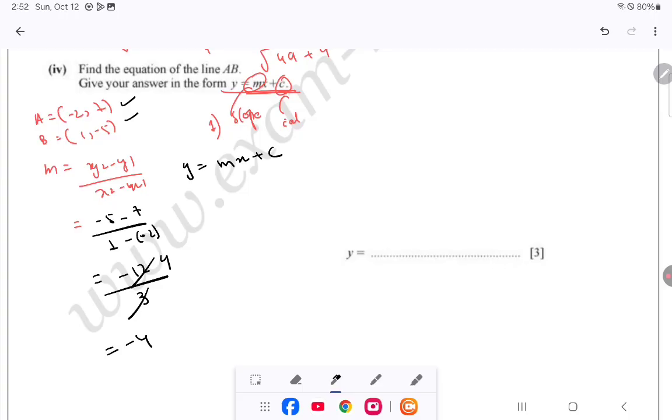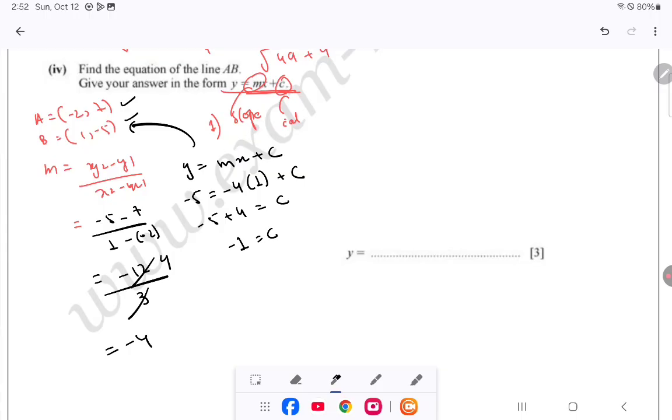If we choose the value of b, y is equal to negative of 5 is equal to m, which is negative of 4, times x, which is 1, plus c, the x and y from b. Negative of 5, if we add 4 to both sides, this 4 and negative 4 will cancel out each other, and c will be left on the right hand side only.